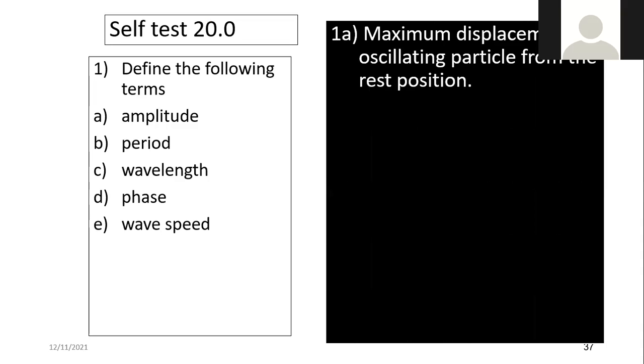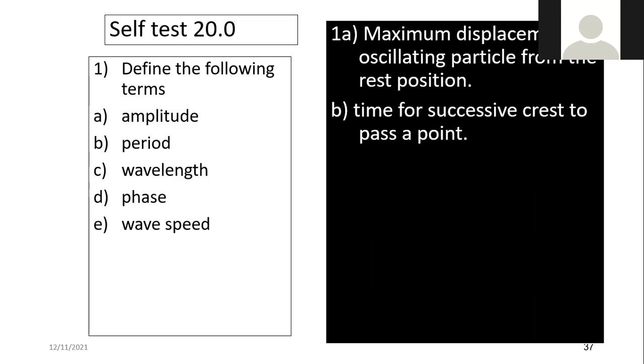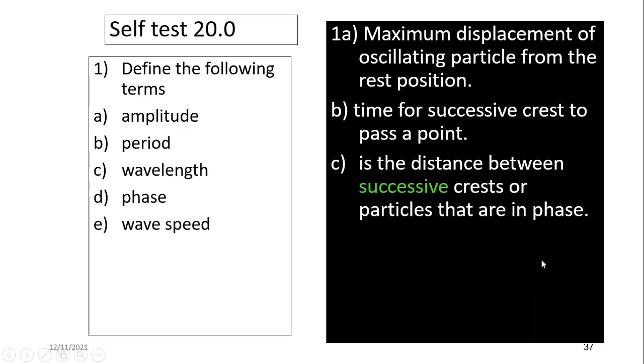Right? Amplitude: maximum displacement of an oscillating particle from the rest position. Mark yourself. Period: time for successive crests to pass a point. Wavelength: distance between successive crests, or distance between particles that are in phase.